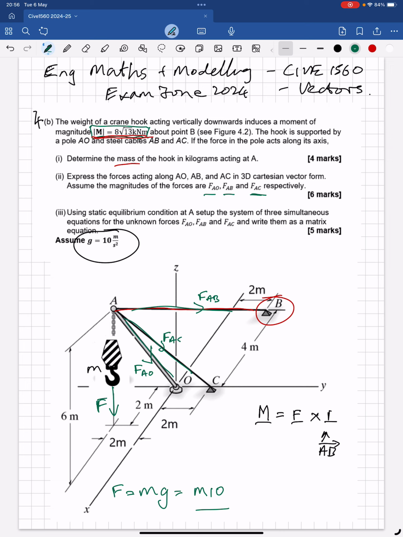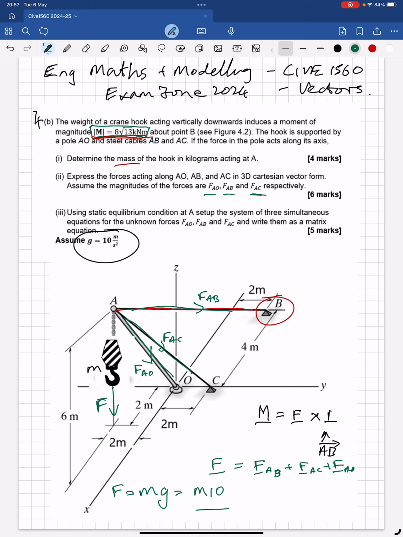When we write all these forces in vector form, because it's all in equilibrium, we know also that the forces in vector form will sum up to be 0, or the force due to the hook will equal the force vectors FAB plus the force vector FAC plus the force vector FAO.